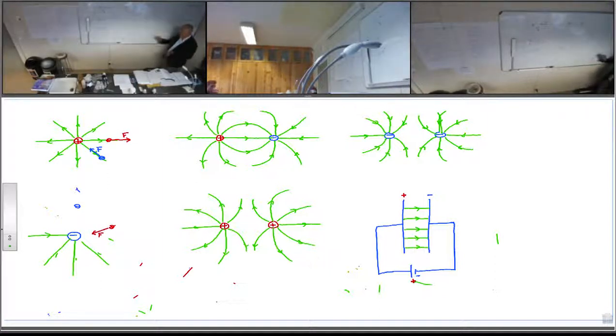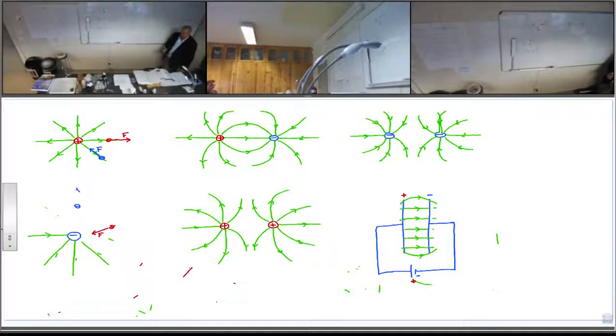In fact, some textbooks even show them going right through. They don't stop. We're more interested in the lines in between the plates than on either side of the plates. On the ends, the lines curve a bit, like that. So that's the shape of your electric field when you've got 2 parallel plates.